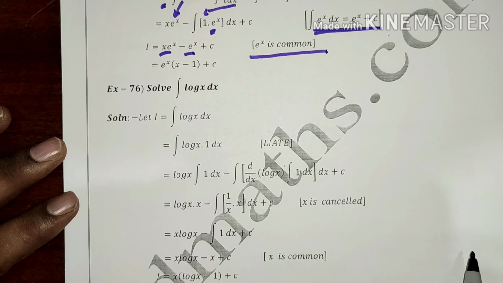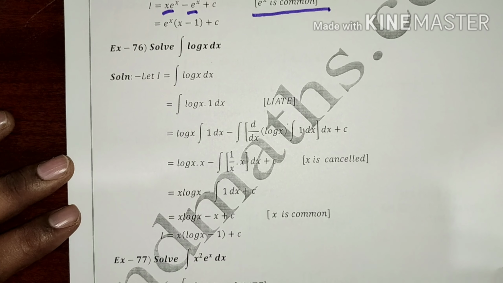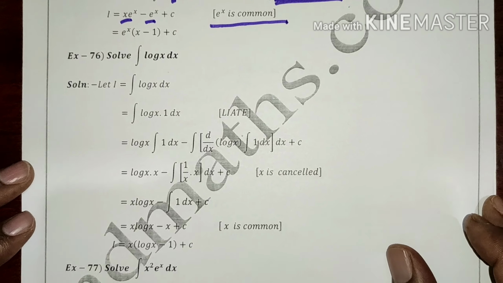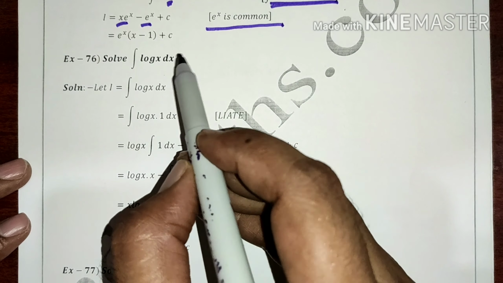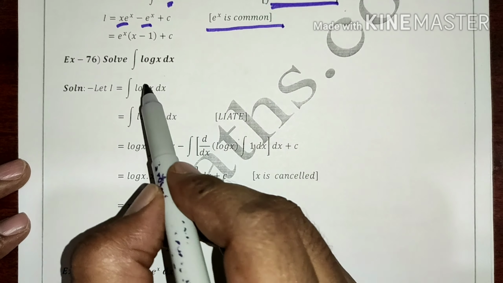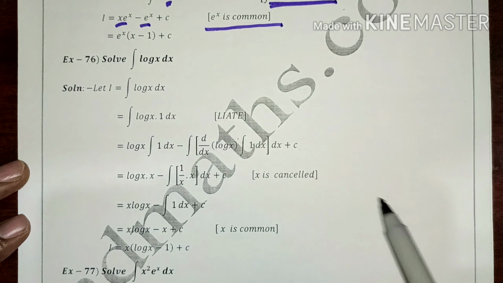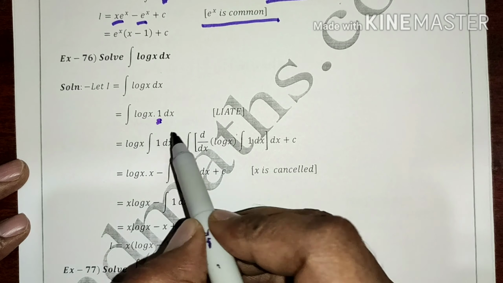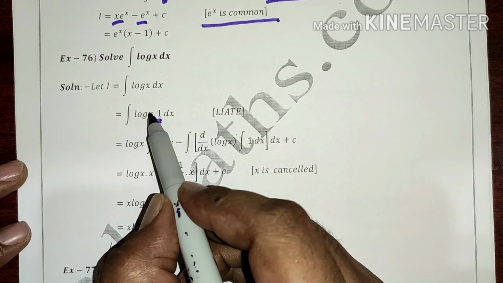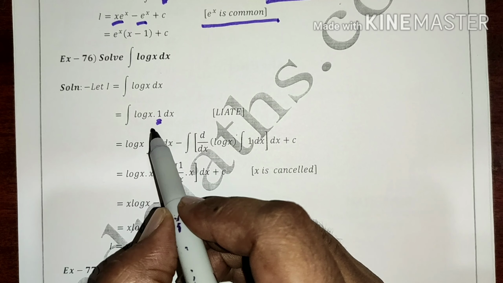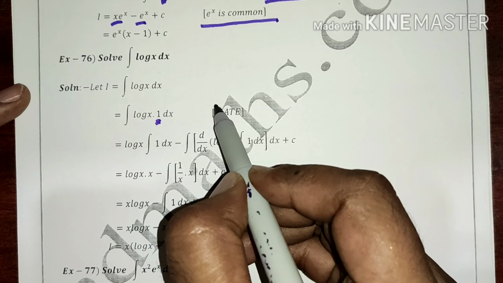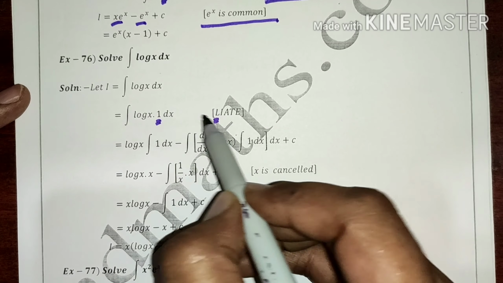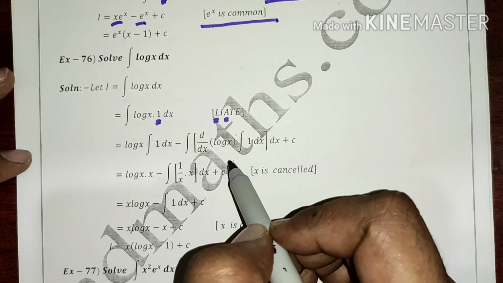See example number 76. In example number 76, we need two functions for the LIATE rule, but log x is only a single function. So we include 1 in multiplication, giving two functions, log x into 1. Log x is a logarithmic function and 1 is an algebraic function.